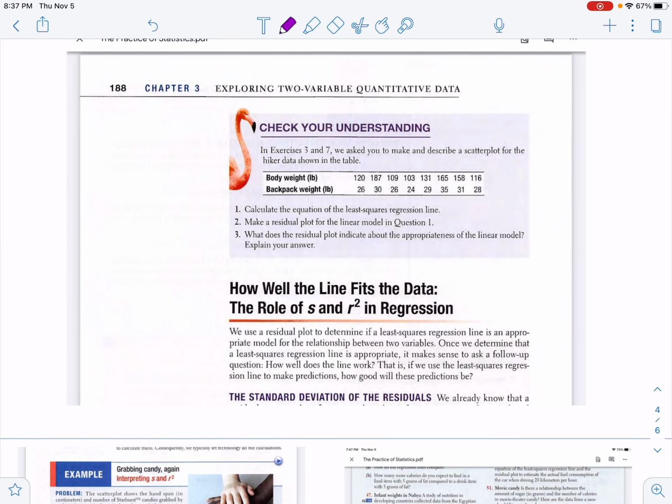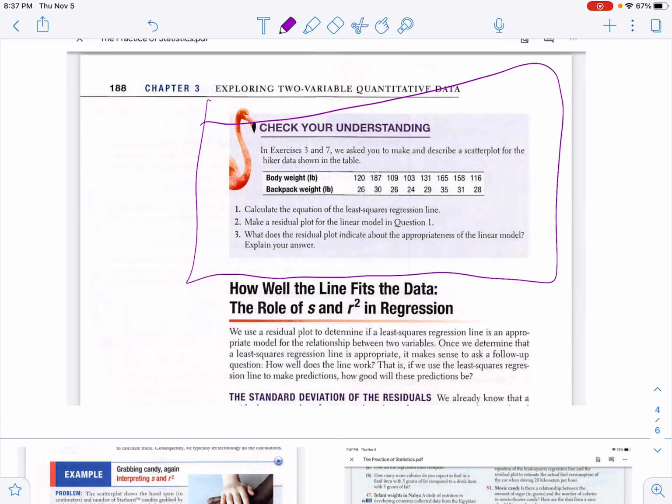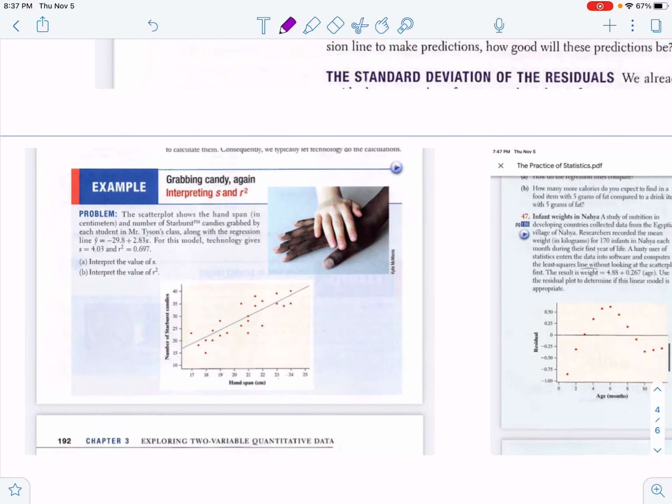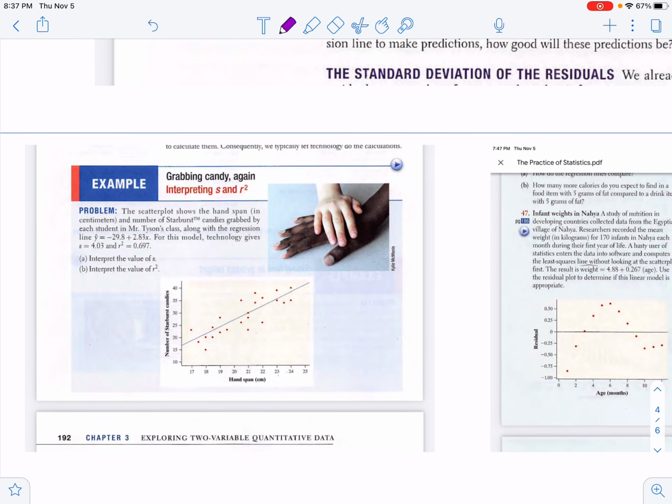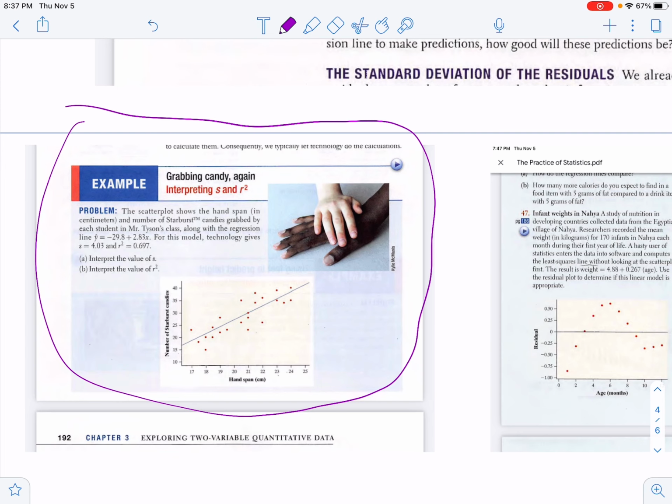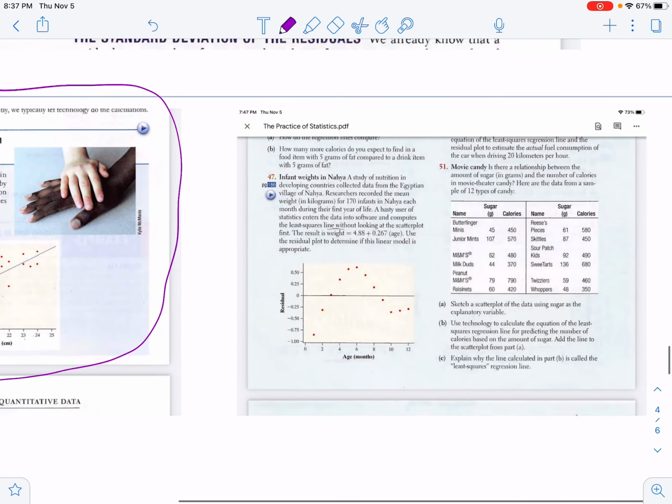So for your assignment today, I'd like you to do this question here, this question here, and we can interpret now as well.